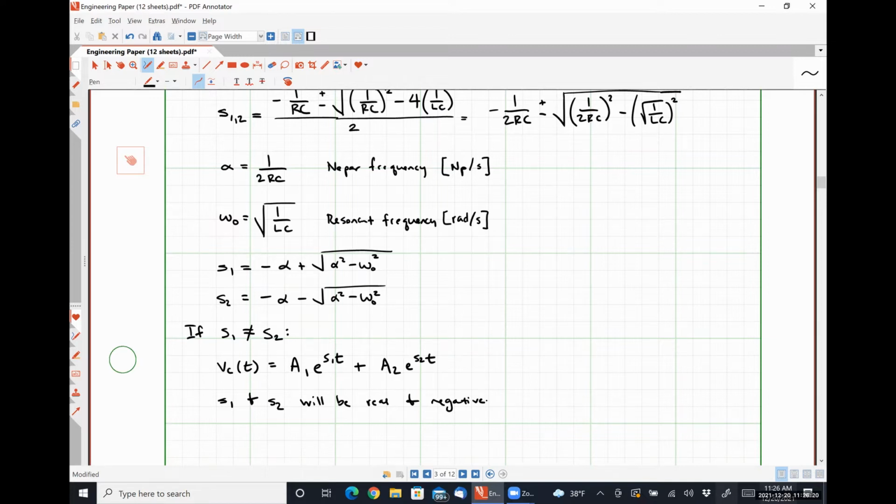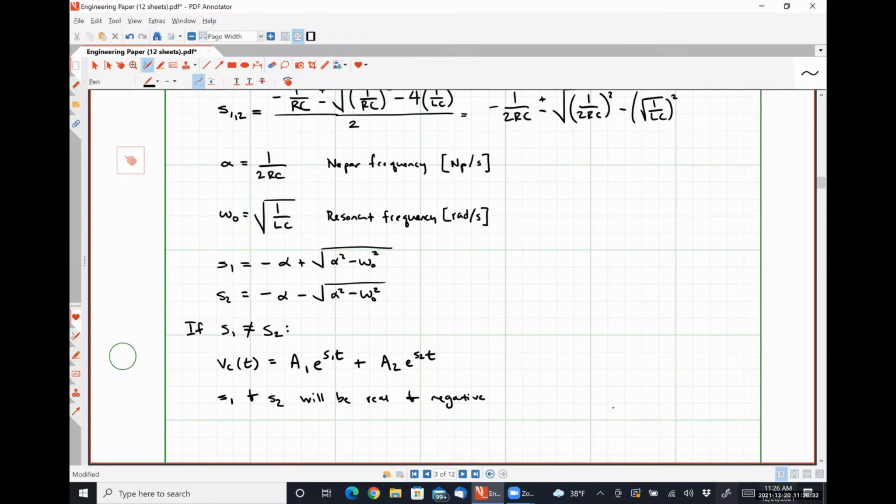So they're both going to cause our capacitor voltage to approach 0 as time increases. All right. This system is what is called an overdamped system.